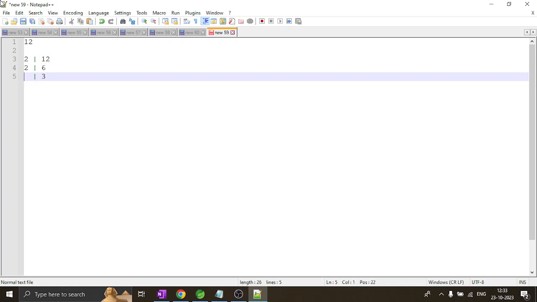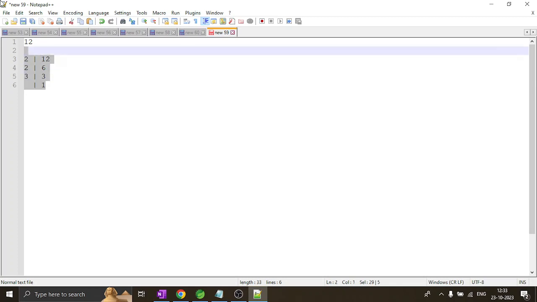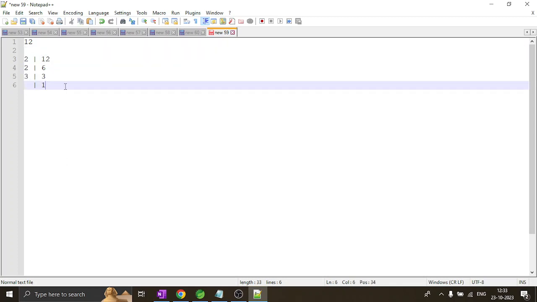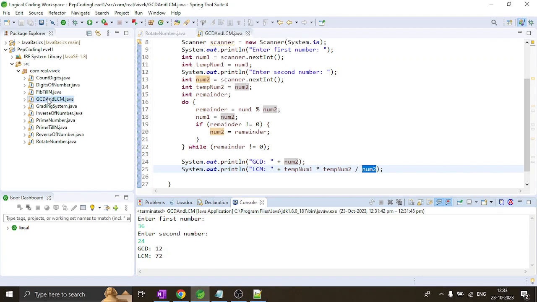Then we divide by 3, and we get 1. So we have to keep on dividing till we get 1, right? So let's try to code this part. We'll start from 2 and we'll increment till we get the next prime factor that we have.